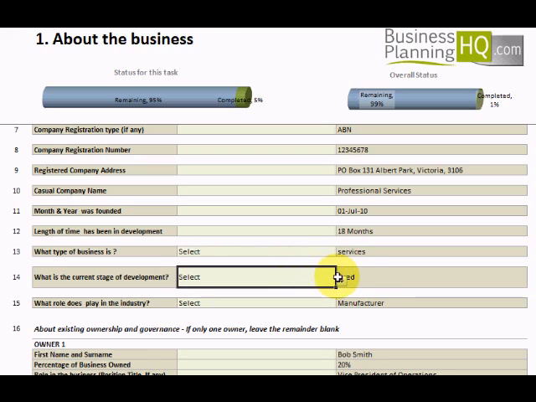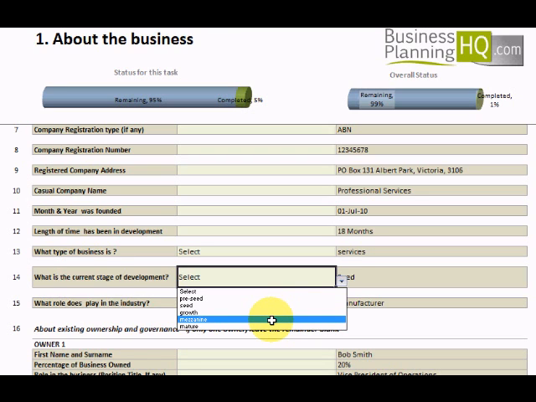What stage of the development is the business in? Pre-seed business is usually a business that's before it's raised any initial capital and in the early stages of development. A seed business has usually raised some pre-seed funding and is looking for further funding. A growth business is a business that's somewhat established and looking to continue its pathway into growth.